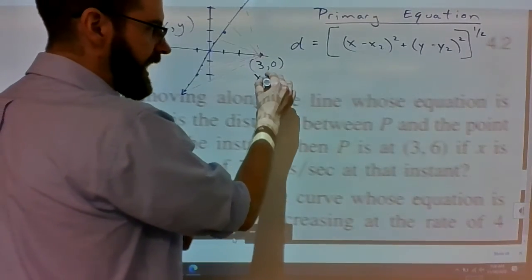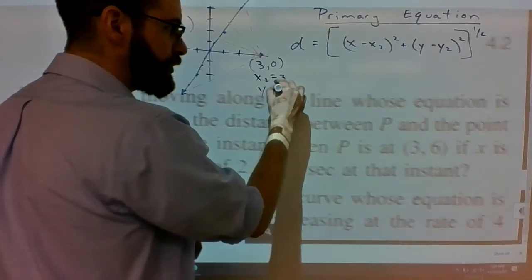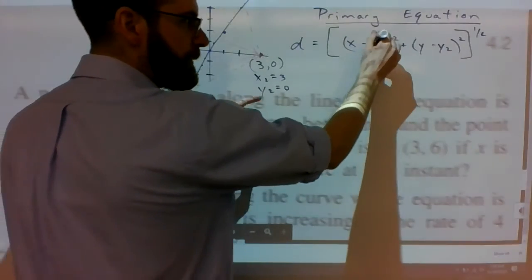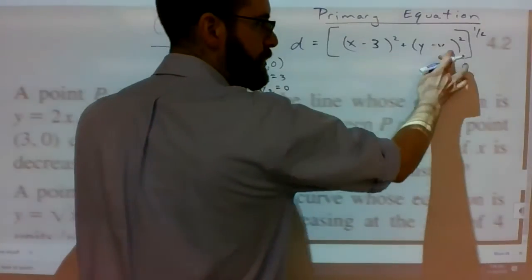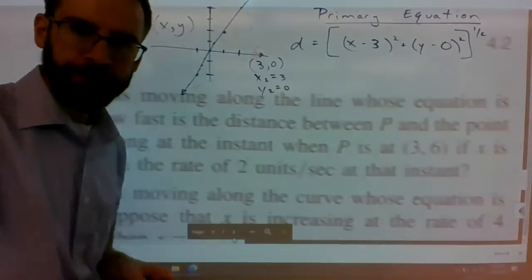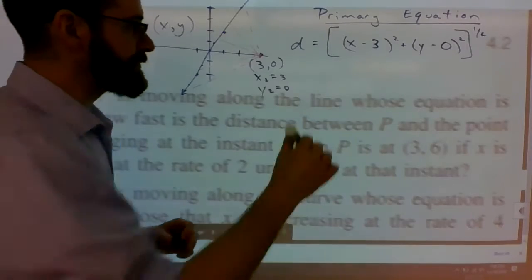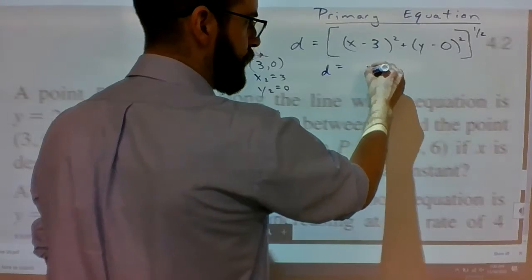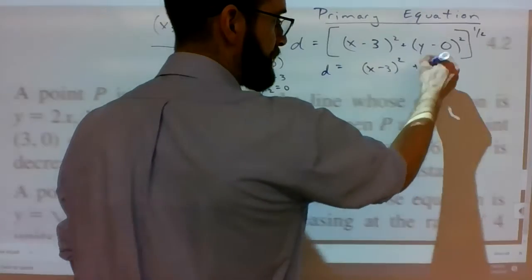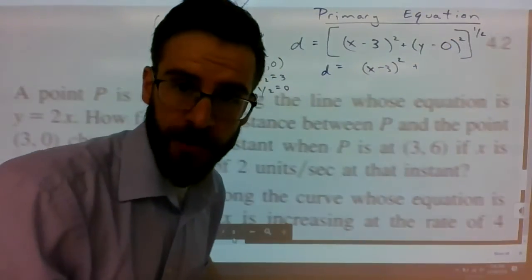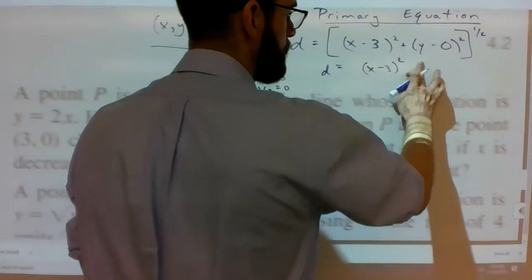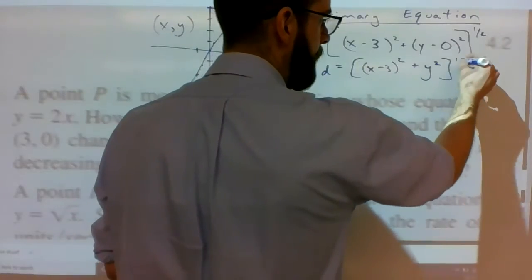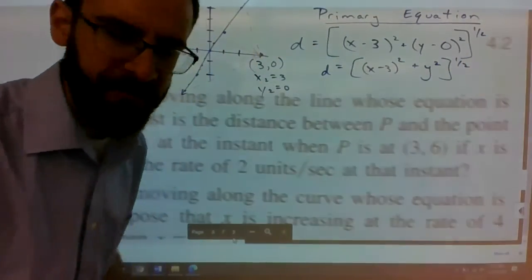So x sub 2 equals 3 and y sub 2 equals 0. So what we have so far is d equals x minus 3 squared plus y minus 0 squared, which is the same as y squared, all of it inside of this root that we've turned into a half power.